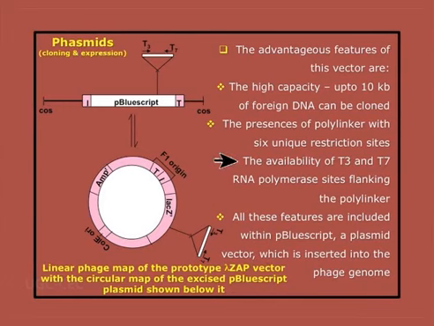The availability of T3 and T7 RNA polymerase promoters flanking the polylinker region makes it possible to transcribe the gene in both directions. The cDNA clone can be recovered from the phage by simply co-infecting the cells with a helper phage, F1.